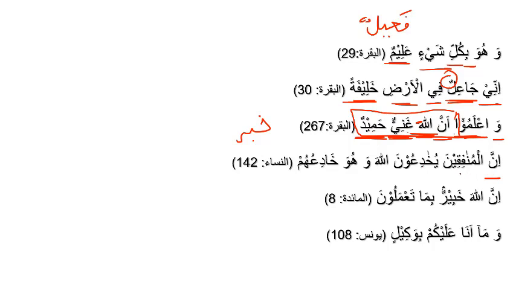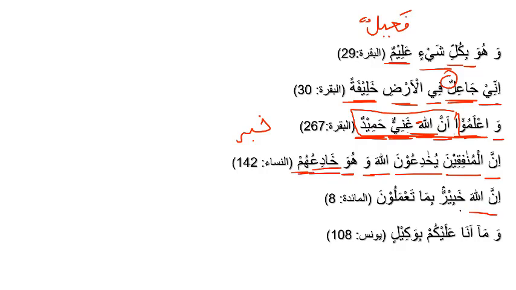Innal munafiqina yukhadi'una Allah, indeed the munafiqeen, they deceive Allah. Wa huwa khadi'uhum. So khadi'u is one who deceives, on the pattern of fa'il. So Allah is the one who deceives them.